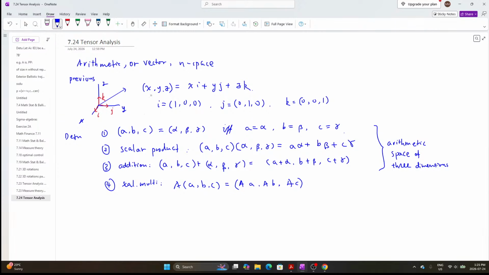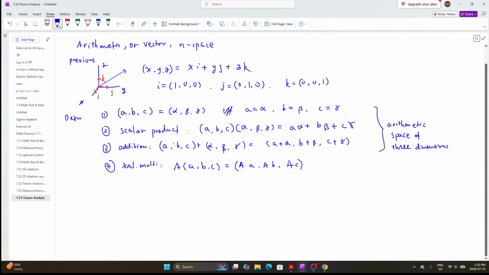So all of this that we wrote before easily generalizes to n-tuples. Now you have the so-called, once again probably antiquated terminology, arithmetic n space. Probably just Rn.